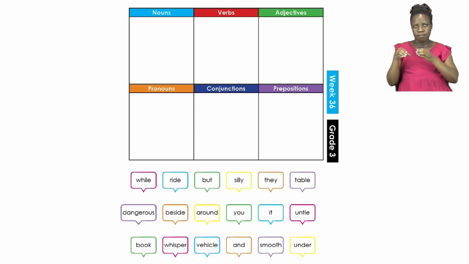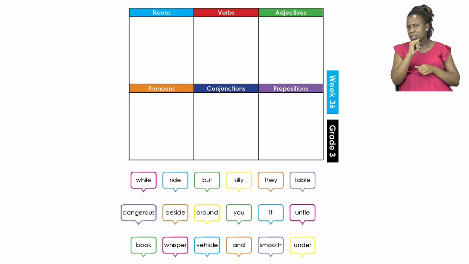First we have nouns, verbs, adjectives, pronouns, conjunctions, and lastly prepositions. If you look just below the table, you will see many different words. Boys and girls, you have to take these words and cut them out, and then sort them into nouns, verbs, adjectives, pronouns, conjunctions, and prepositions.